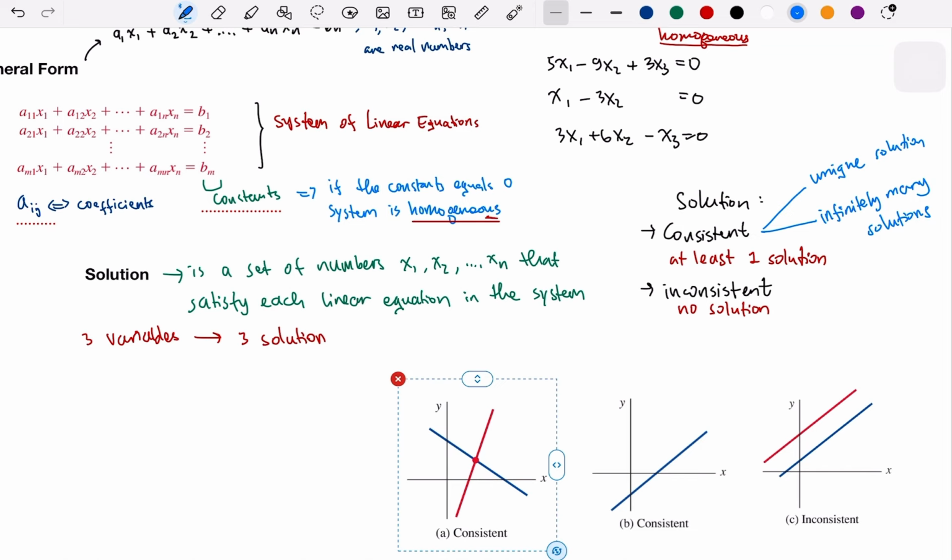The solution is uniquely at these coordinates, where the red and blue lines intersect. This is a unique solution. The middle one is the infinitely many solutions.